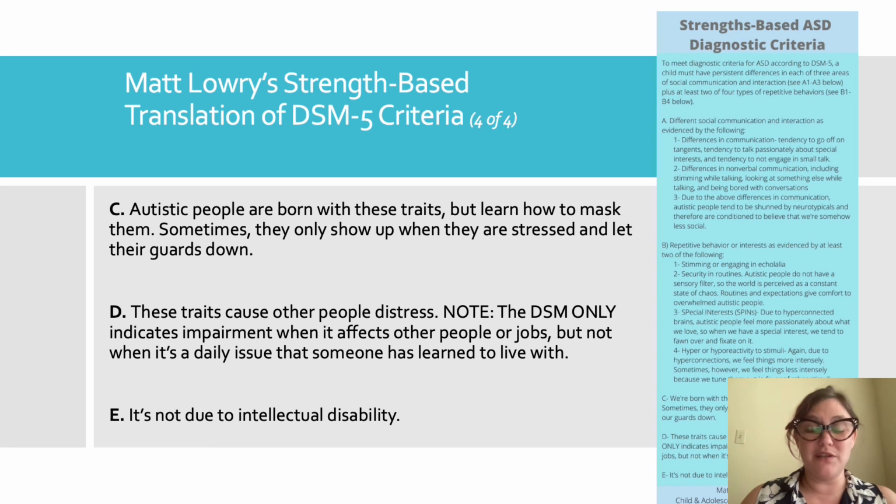So, you'll note in the DSM that impairment is only indicated when it affects other people or their jobs, but not when it's a daily issue for the person who's experiencing it. So these traits have to cause other people distress for a DSM diagnosis to be given. And then lastly, it's not due to intellectual disability.